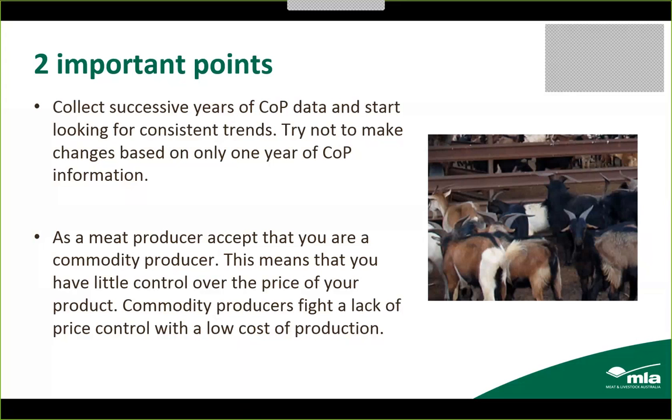The other point I want to mention here is that what goes up usually comes down in the commodity world, and we are dealing with prices at the moment which are at all-time highs in a number of commodities, meat commodities. The key point is that you have to have your cost of production right so that when it does come down, you're still generating a margin for yourself.